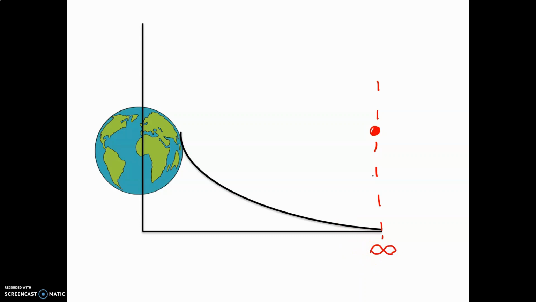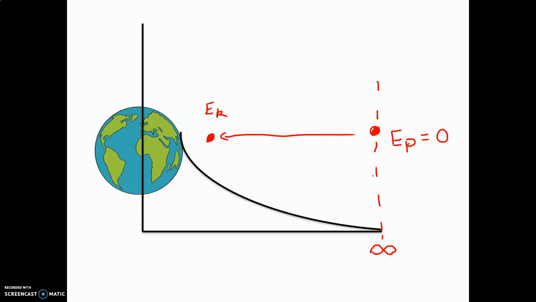Okay, now if we move our object to infinity, its gravitational potential energy will be 0, and if I release that object, it will fall and move towards the Earth, and it will gain kinetic energy. Now how can that be so?